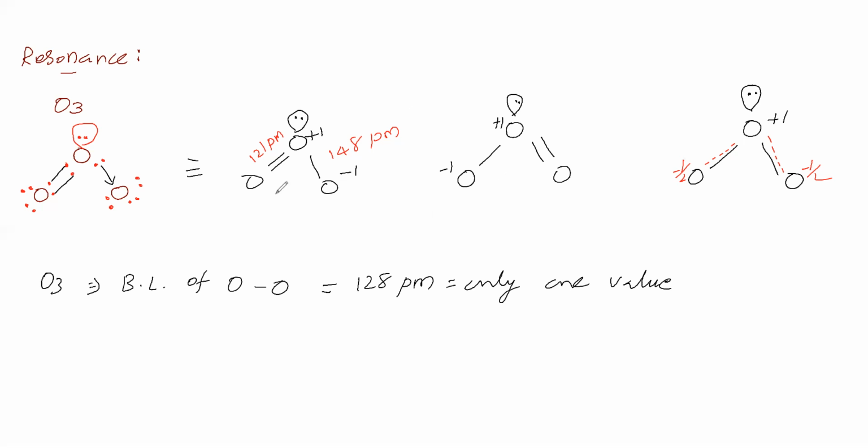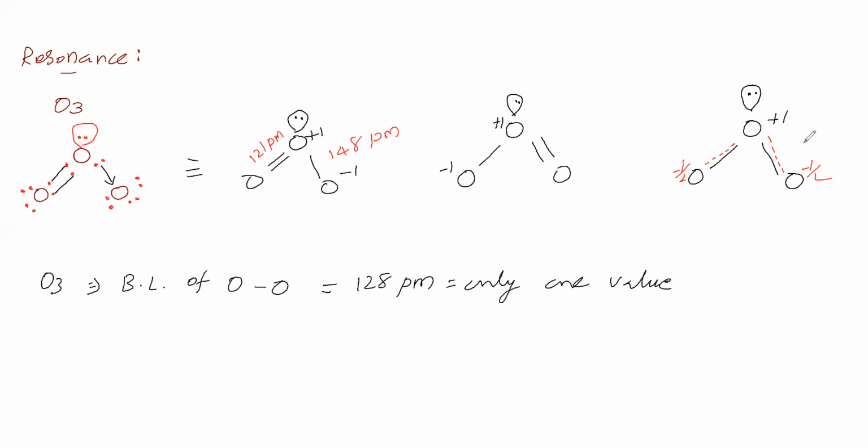How do we say that? On the left side, double bond becomes 1.5 bond, and single bond becomes 1.5 bond. A 1.5 bond will be in between a double bond and a single bond. Similarly, on the right side, single bond and double bond give a 1.5 bond.